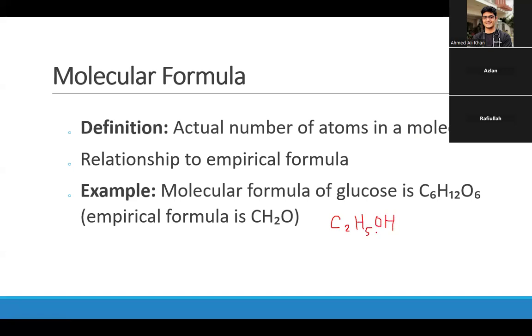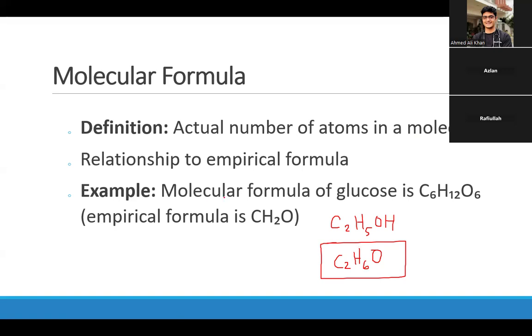And this is not the molecular formula, it's actually the displayed formula. So the molecular formula would be C2H6O. This is the molecular formula for ethanol, and it tells you how many of each type of atom are in this molecule. So molecular formula is pretty simple.